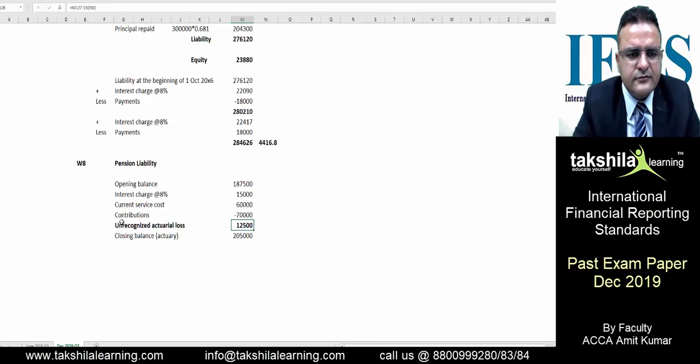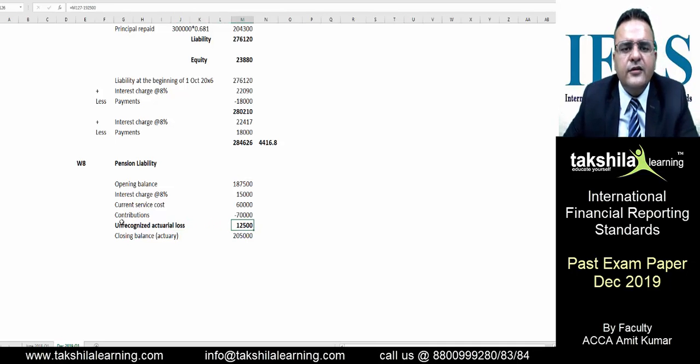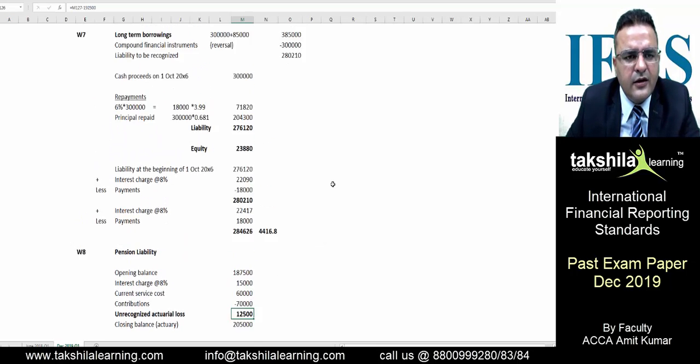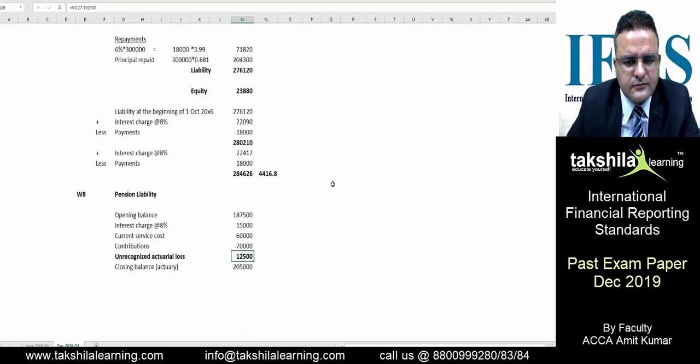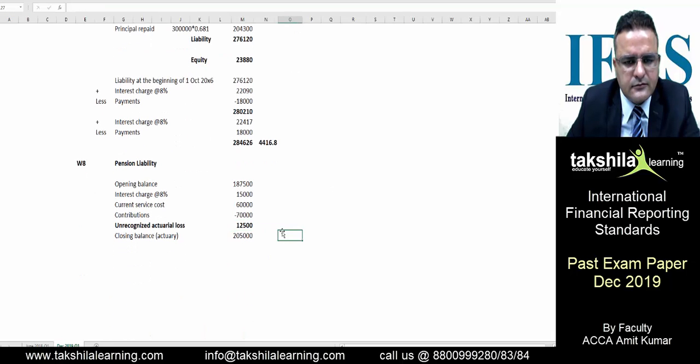This unrecognized actuarial loss will be forming part of other components of equity. Since this increases the liability, this is a loss. The liability balance was 187,500. It increases with interest charge, increases with the current service cost, reduces with the contributions, and the balance is 205,000.